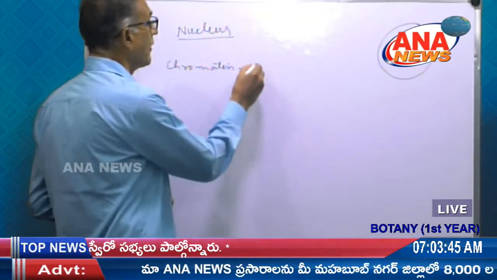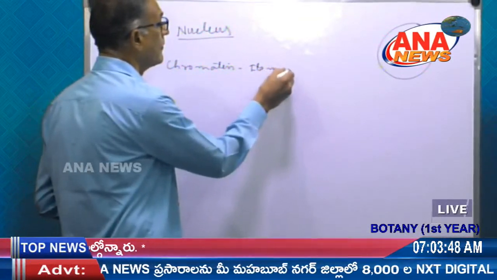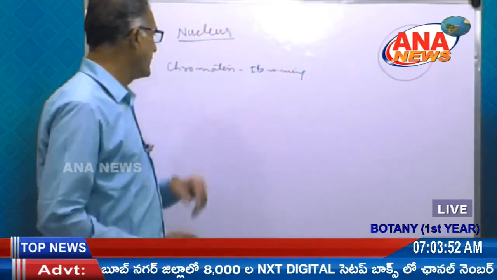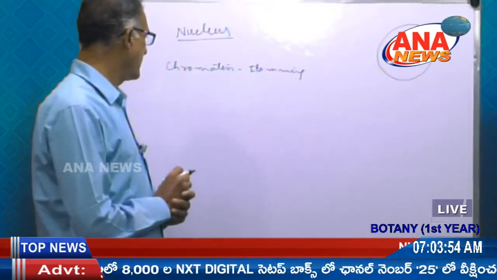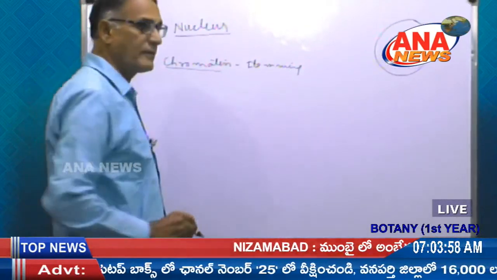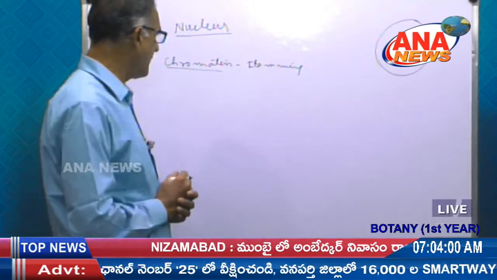Fleming found that the thin thread-like network in the nucleus which is stained with basic stain is chromatin.